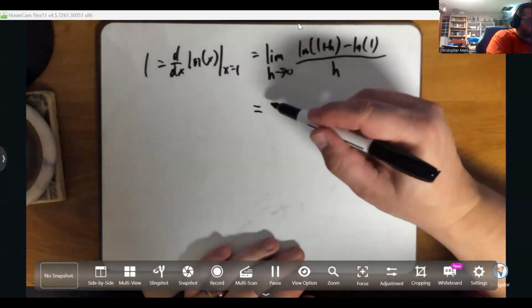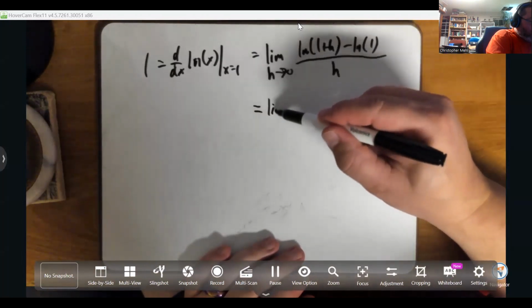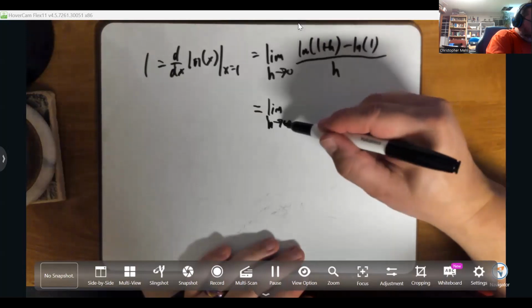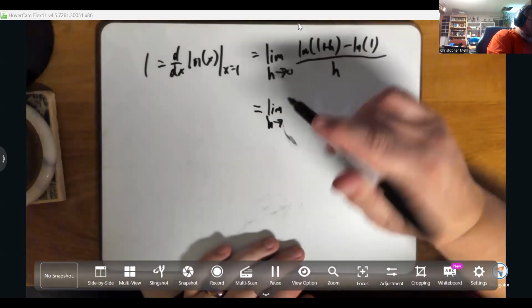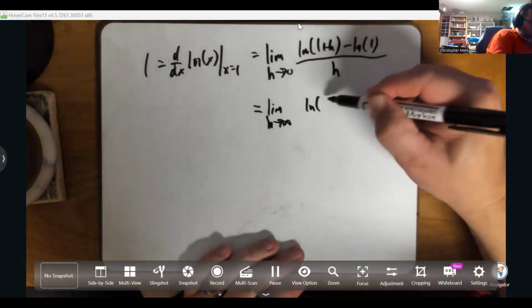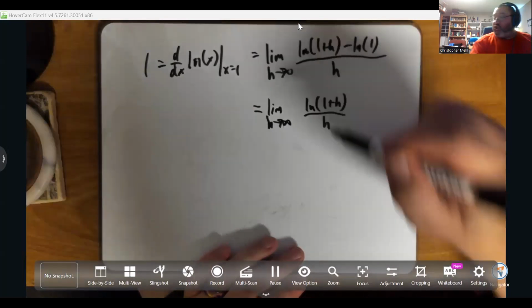The natural log of 1, though, is 0, and so this should reduce to the limit as h goes to 0 of the natural log of 1 plus h over h.